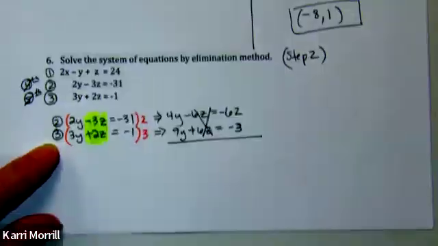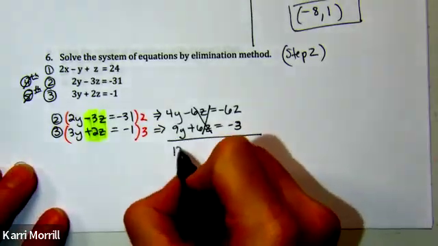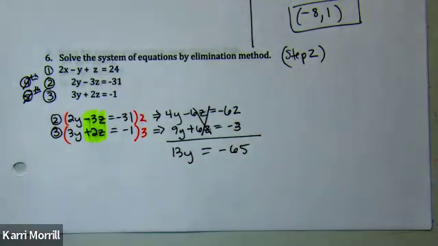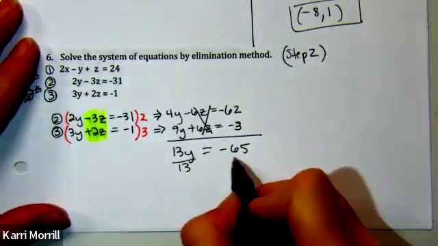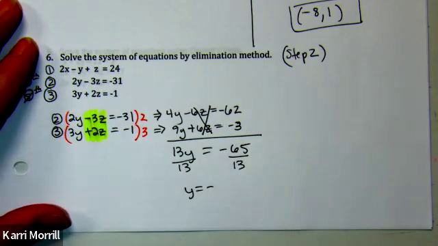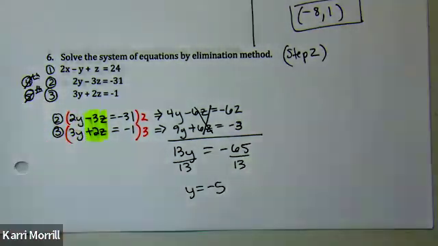So we did eliminate those z's. 9 and 4 make 13y equals a negative 65. So we need to divide by 13 to find the y value. So y would be 65 divided by 13 is a 5, and it's negative, so negative 5.